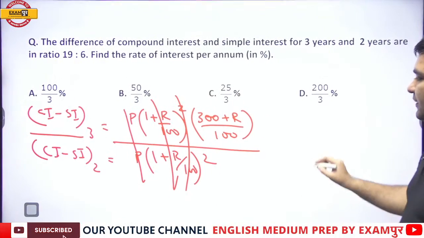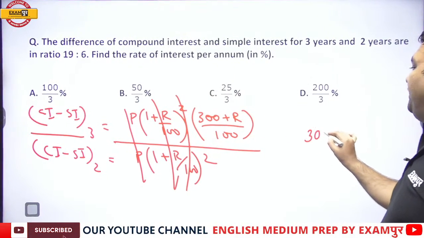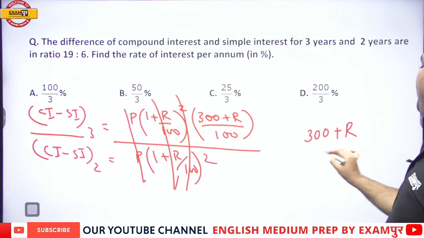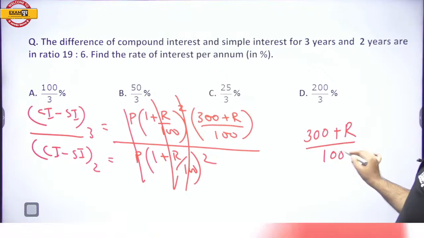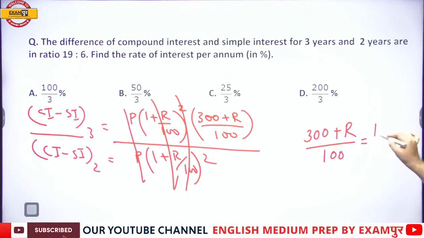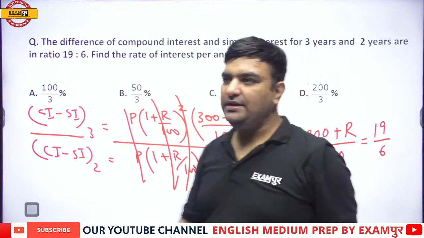Ultimately, only (300 plus R) over 100 remains. And this ratio is given as 19 by 6.